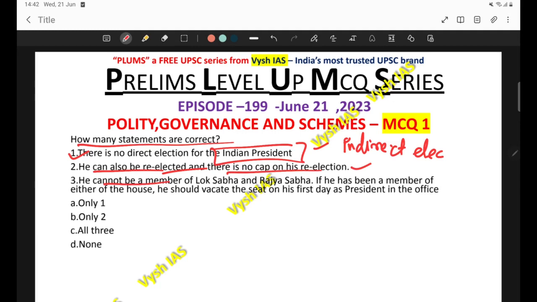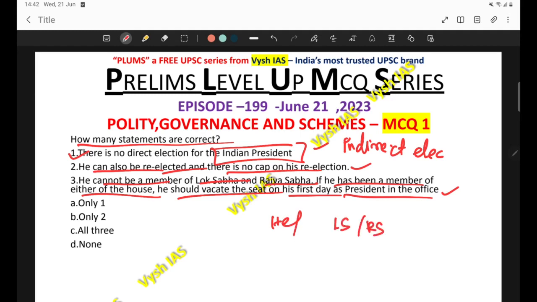Then, he cannot be a member of Lok Sabha and Rajya Sabha. If he has been a member of either house, he should vacate the seat on his first day as the president in office. Even this is a correct statement. In Lakshmikant, it is given that for the qualification of the president, he or she should not be an MP, LS or RS.